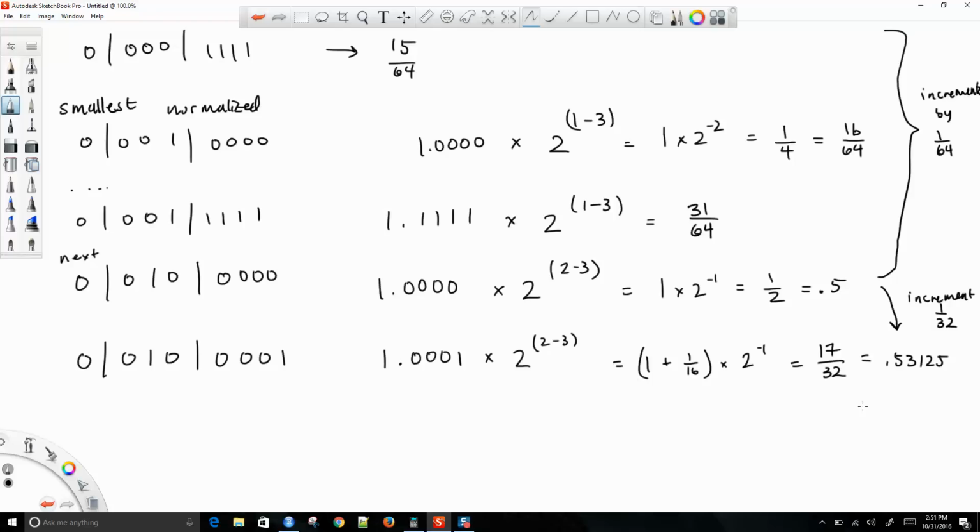So one of the properties of floating point is that values close to 0 are very close together, but as the numbers get bigger and bigger, we lose the ability to distinguish such precision. The numbers get more and more spaced out. So values near 0 are close together, and larger values are spaced out.